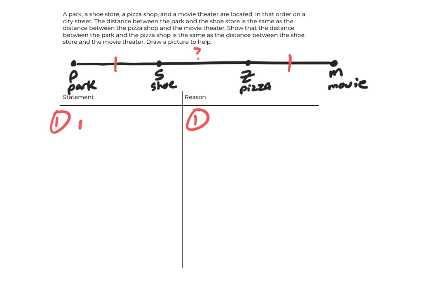PS, and that's why I used letters here. PS and ZM are equal, right? And that's why drawing the picture here is helpful. We know those two are equal because that was given to us. They told us that in the paragraph up here that those two are equal. So we just call that given statement because they gave it to us. We can't just assume that to be true.